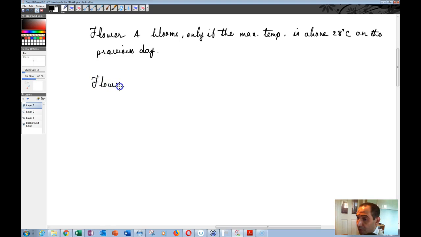Flower A bloomed in Valley B, okay, in Valley B, on, for example, September 25th, 2014.